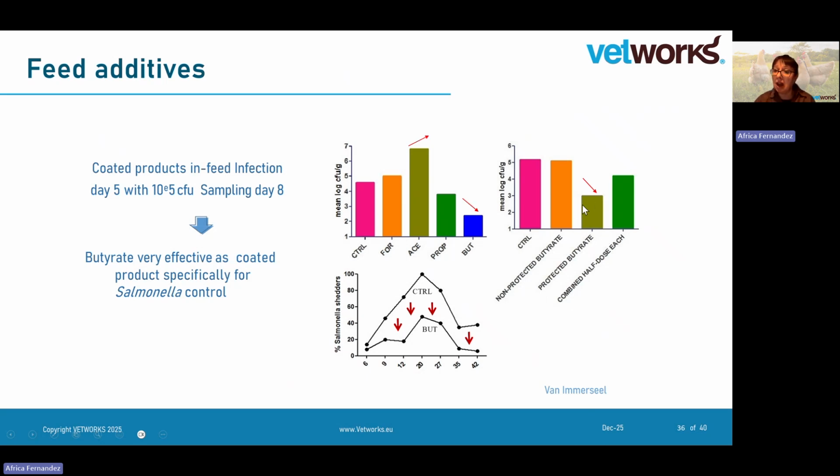You can see there is no difference between the control group and the group given the non-protected butyric, because the butyric was, as I was mentioning, basically neutralized before it got to the latter part of the intestine where it needed to arrive.